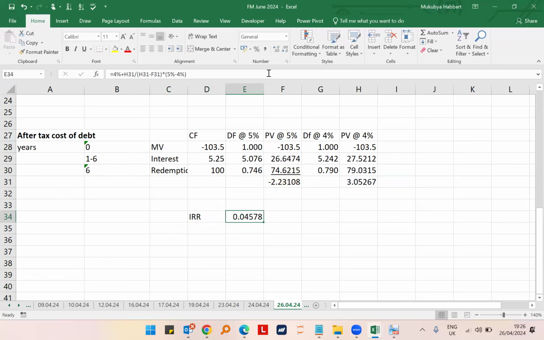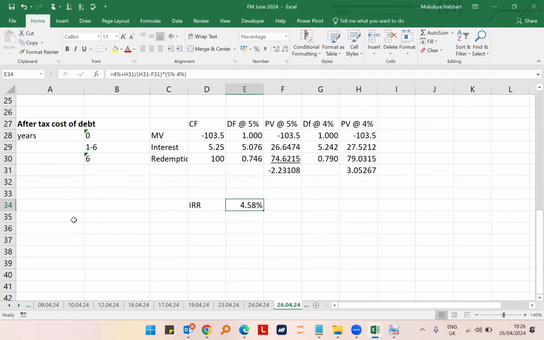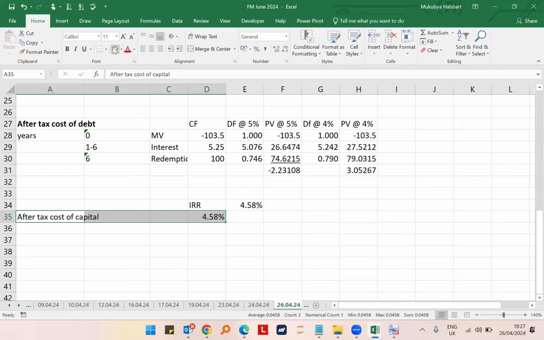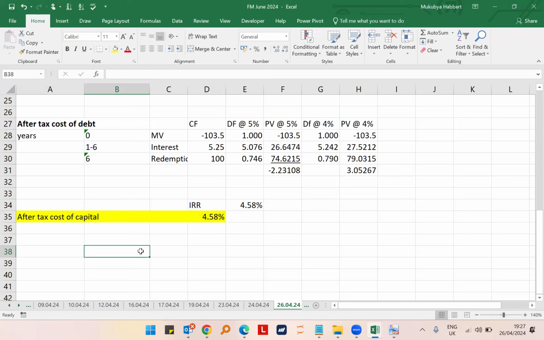Which gives me 4.58. So this is the after-tax cost of capital, 4.58%. I hope that this is no longer something that disturbs you to calculate. Does it disturb you? No? No. Okay.